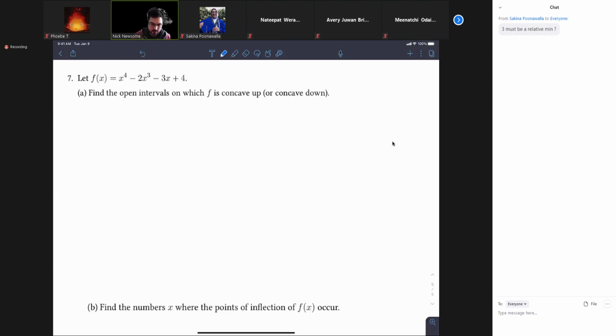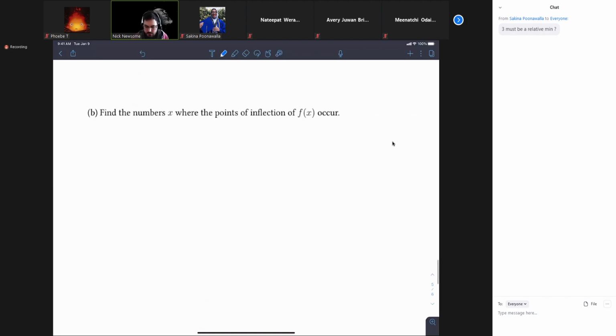Okay, so I'll say here, follow the procedure for increasing, decreasing, but use the second derivative. So find the second derivative, set it equal to 0, you get some numbers out of there, put those on a number line, do your sign chart. Positive means up, negative means down.